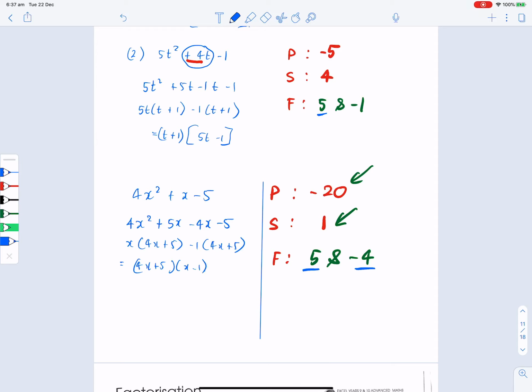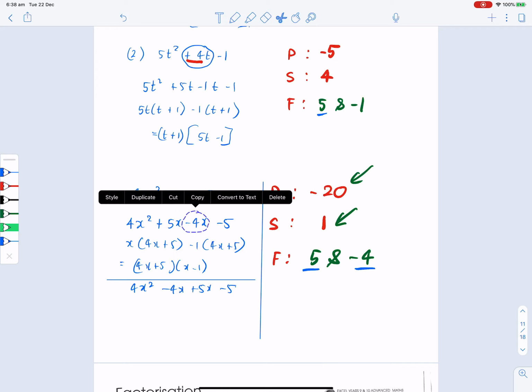Okay. What I could have done is I could have rewritten the question as 4x squared minus 4x plus 5x. In other words, I could have taken this minus 4x and put it first. That's what I could have done if I really wanted to. Why would I consider doing that?